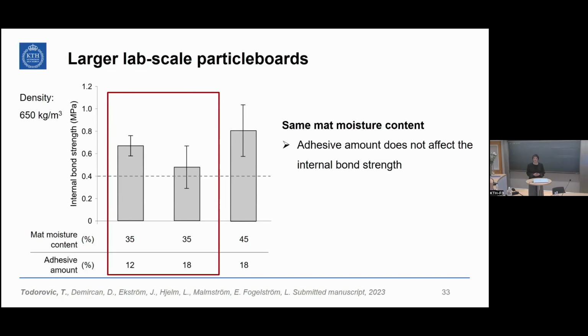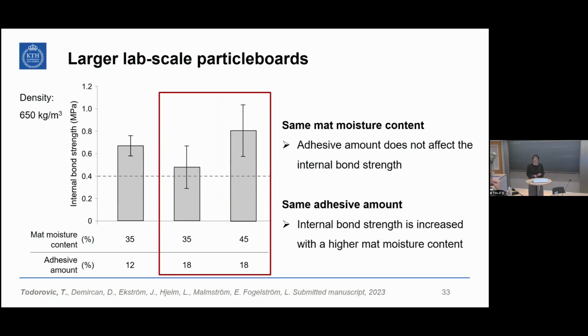If we have the same mat moisture content in the boards, then the amount of adhesive did not affect the strength when we increased it from 12 to 18%. And when we have the same adhesive amount, 18% in this case, the internal bond strength increased with the higher mat moisture content.